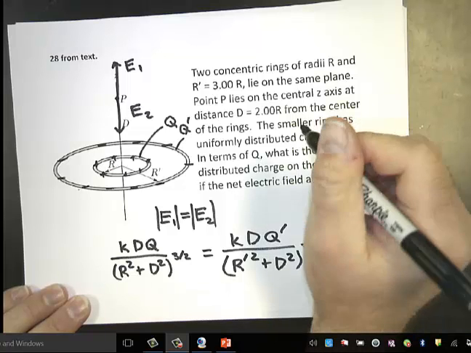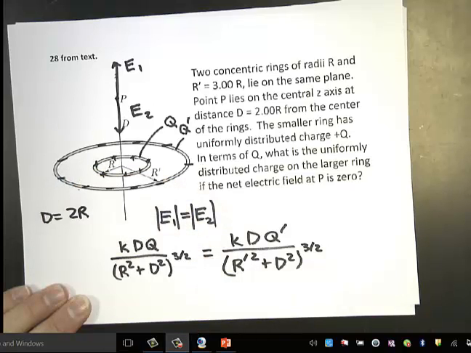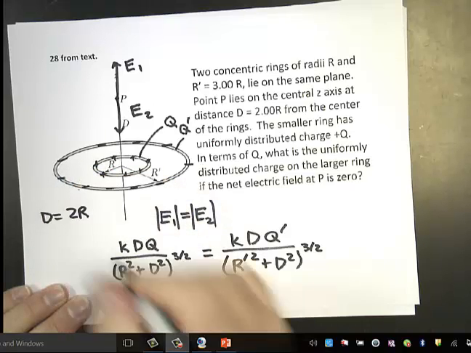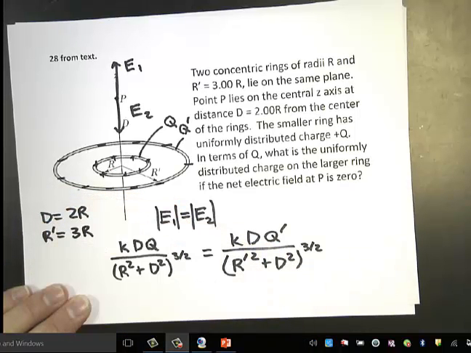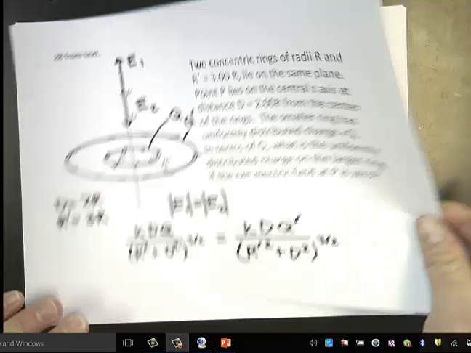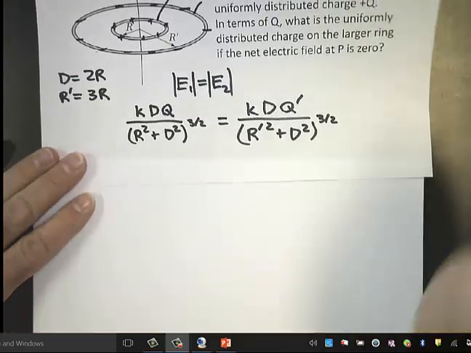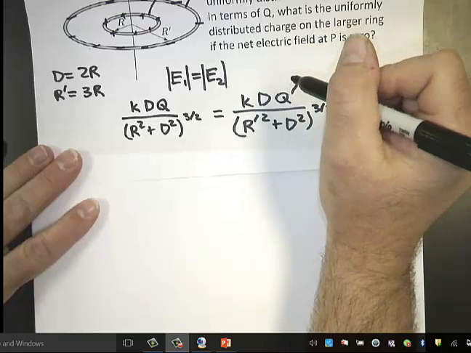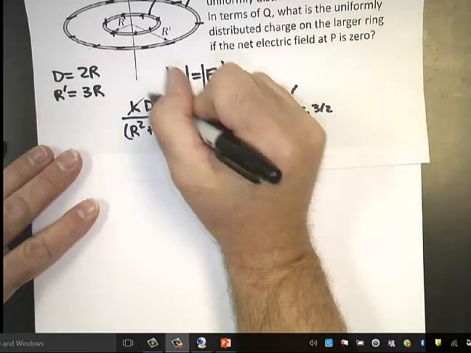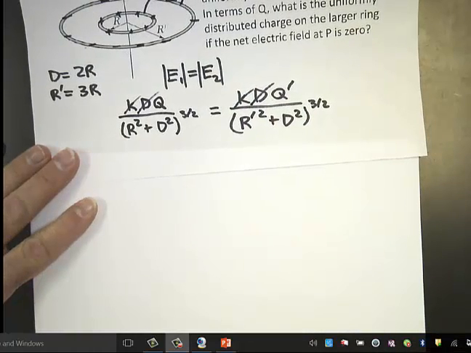Now, a couple of things. They're telling us that d is equal to 2R, and that R prime is equal to 3R. That's going to simplify things, so let's make those changes and solve the problem. We can probably lose some stuff on either side of the equation.